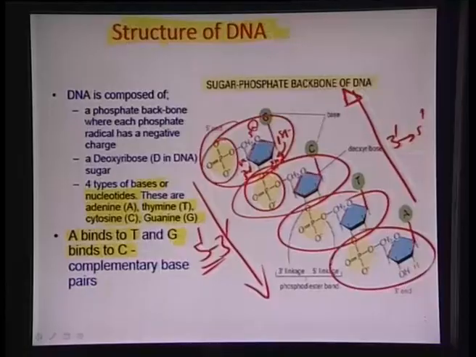So if you have a sequence of these bases on one side, you will only have a complementary sequence on the other side. It has given you a certain selection probability, or made your probability of selection of a certain sequence higher over other sequences. So this is a fascinating thing that Mother Nature has to offer.